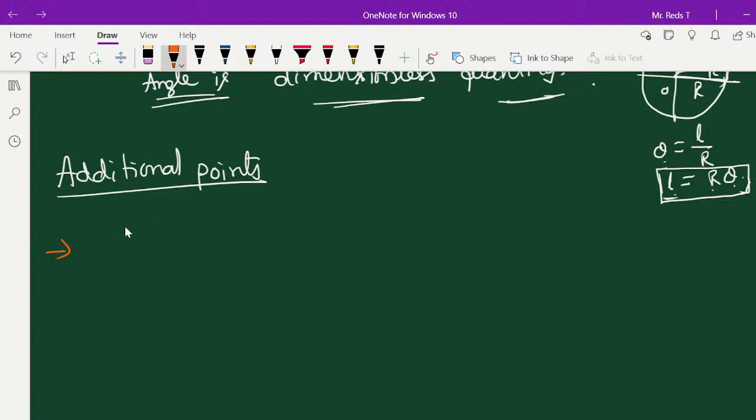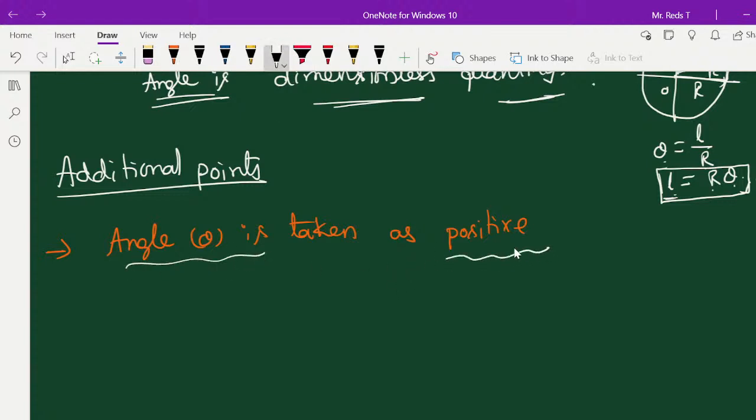Angle theta is taken as positive. You can underline this: angle is positive.